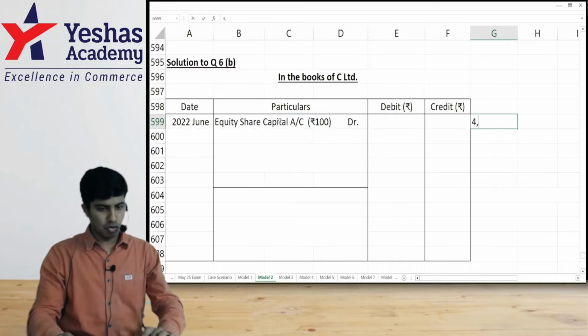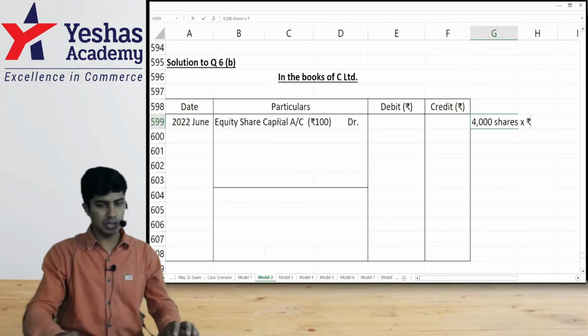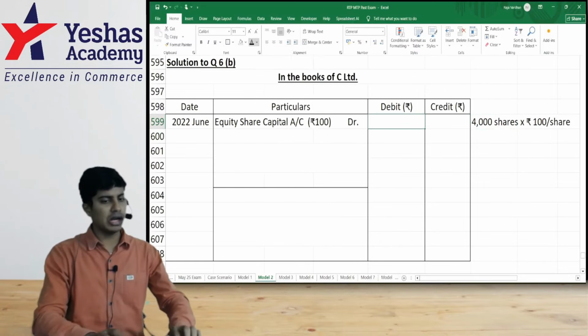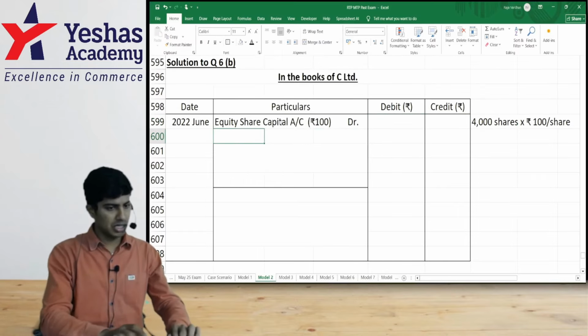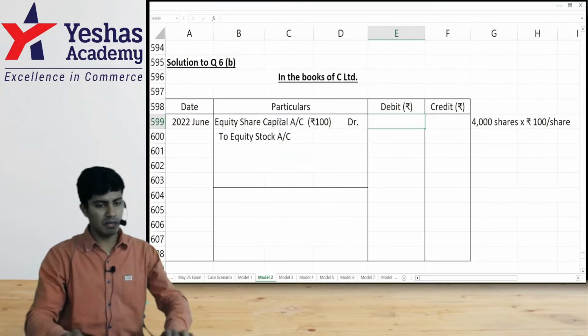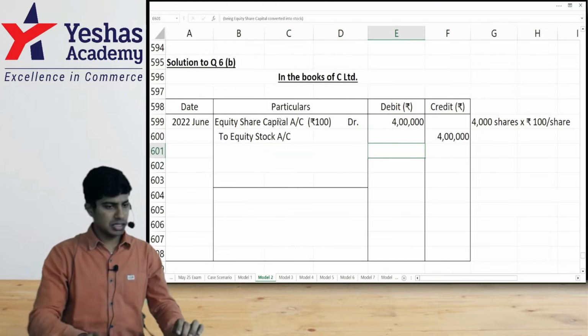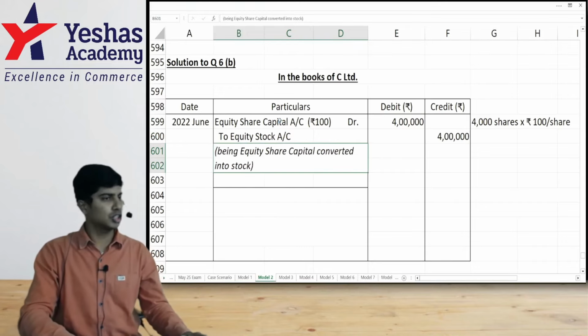How many shares? 4,000 shares into rupees 100 per share, which comes to 4 lakh rupees. This is now converted into equity stock. What value? 4 lakh. This narration would be conversion of equity share capital into stock.